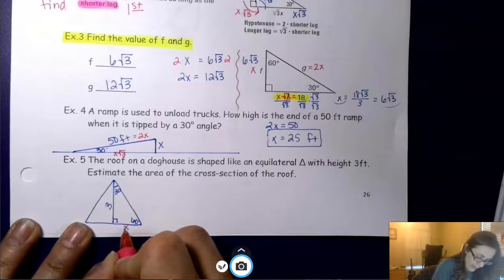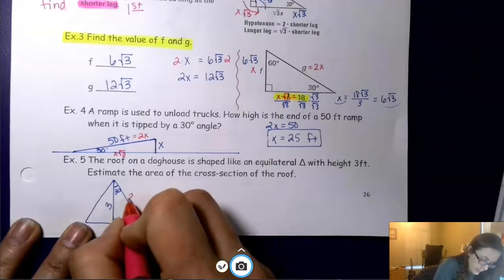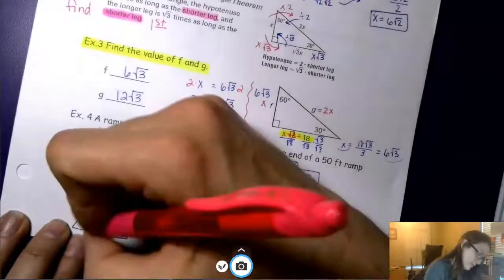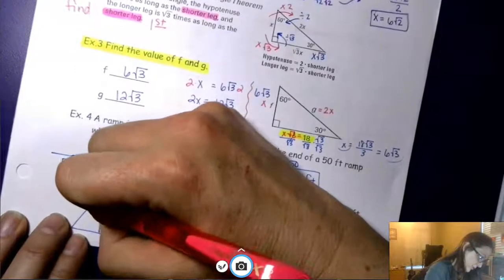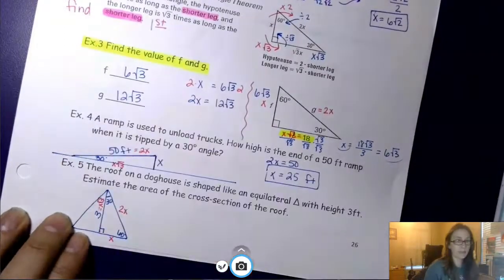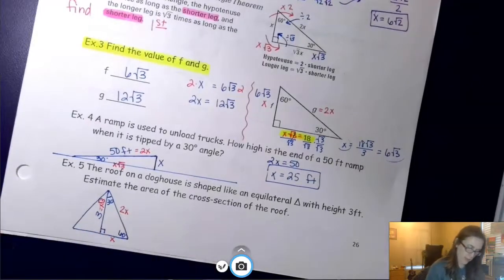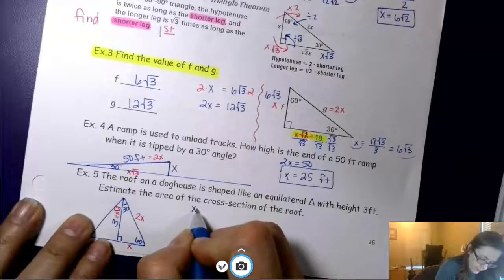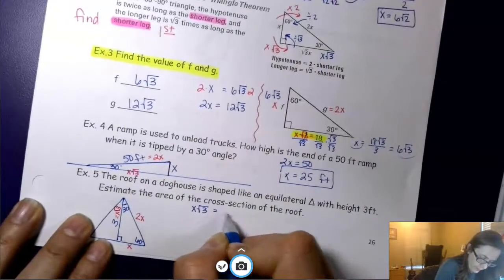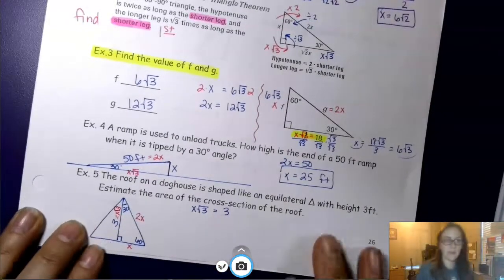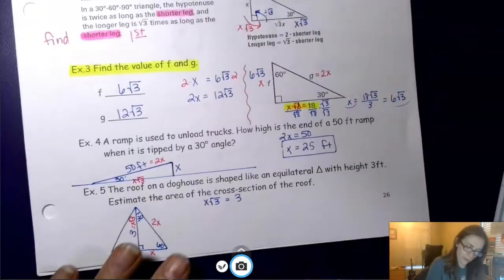Down here I'm going to have x. My hypotenuse would be 2x. My longer leg is going to be x root 3. I always start wherever I have an equation. My equation is x root 3 equals 3. And starting here, I need to divide both sides by root 3.